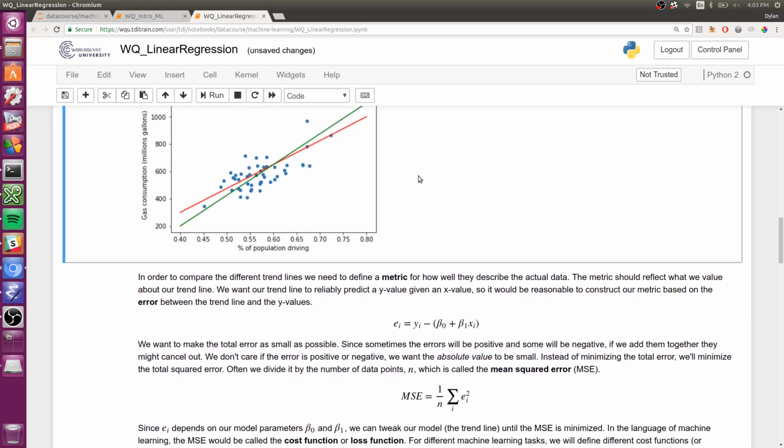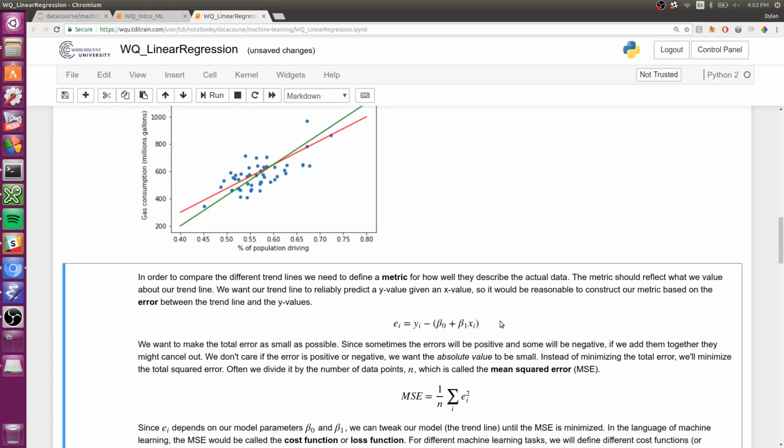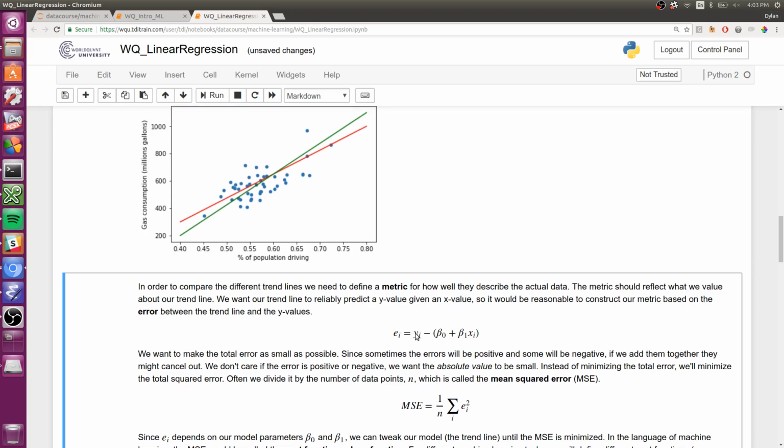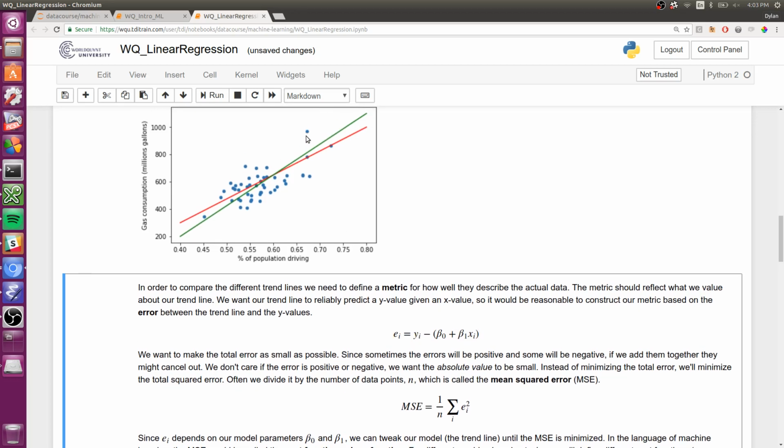So recognizing that as what we value, we can write down the error, which is the y value, the label we're trying to predict, the gas consumed, minus the prediction of the fit line. So we have here that formula for the fit line.